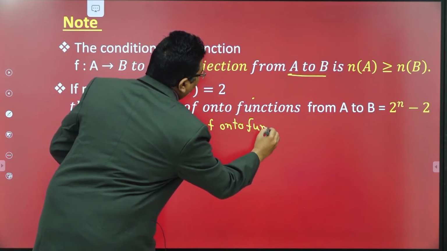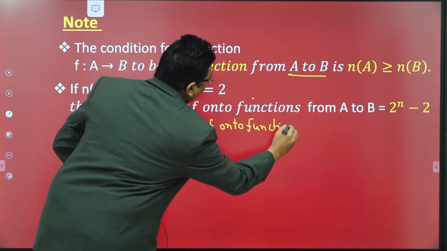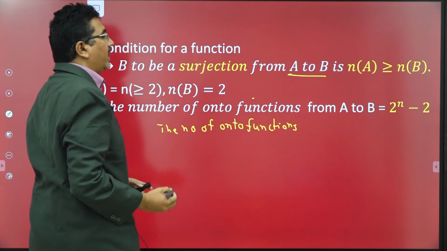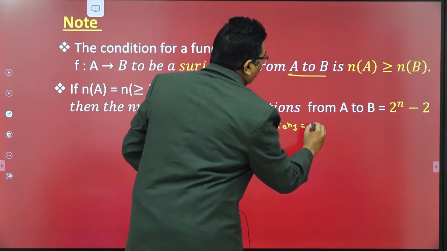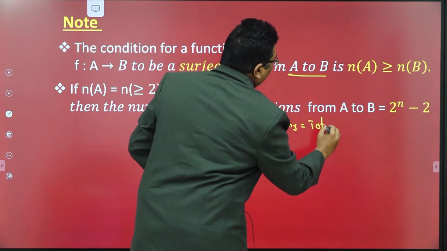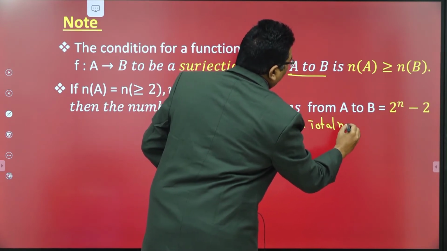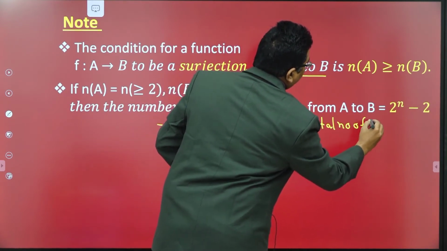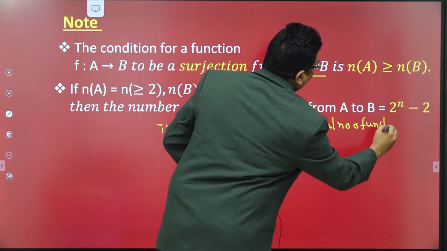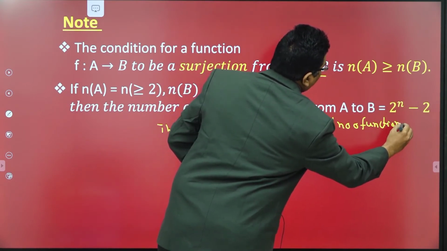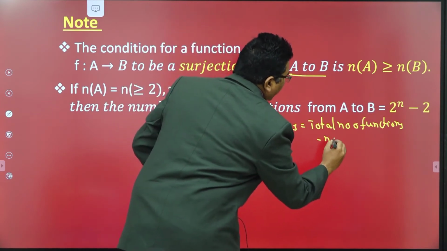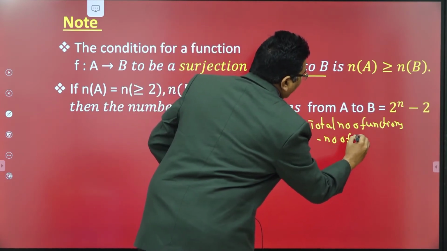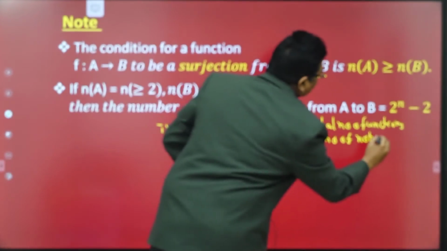The number of onto functions is equal to the total number of functions minus the number of not onto functions.